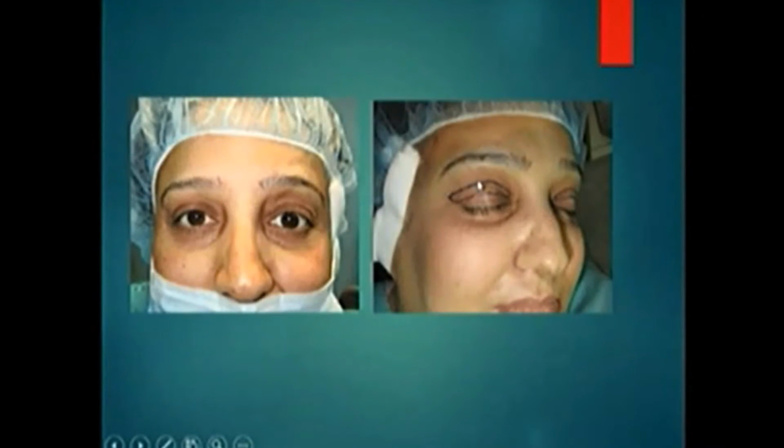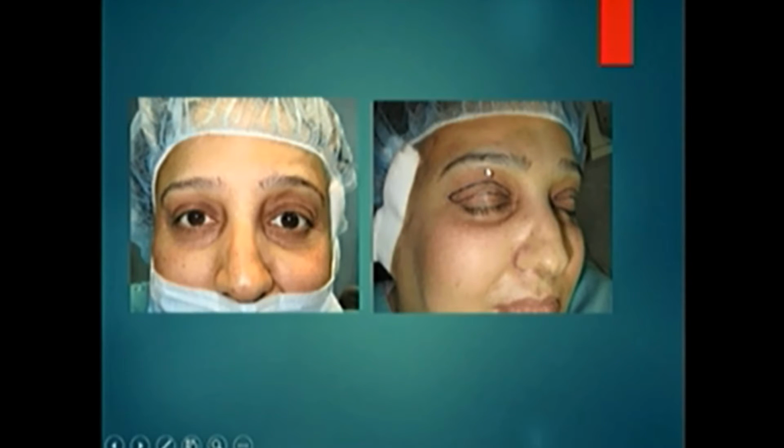For a starter, you mark the junction between the skin of the eyelid and the brow skin. You see the junction here. As a starter, maybe you start with 1 centimeter. After you develop your experience, you know the muscle tone and other things, you can go a little bit lower. But for a start, it's good to make it at least 10 millimeters.